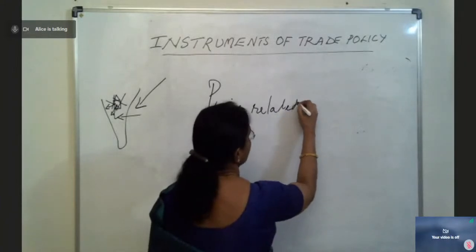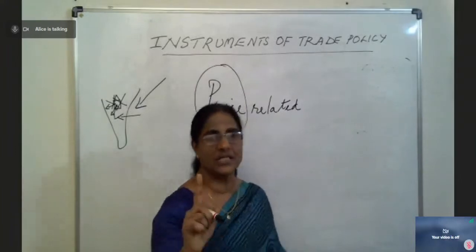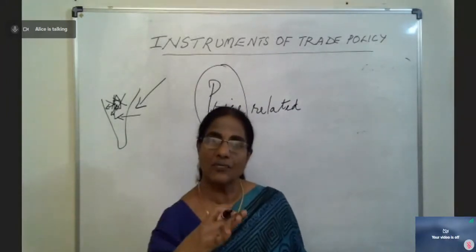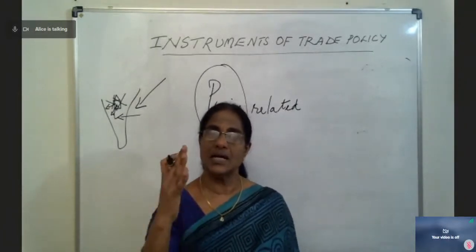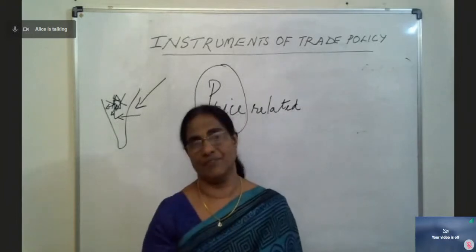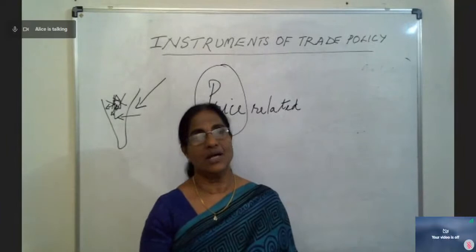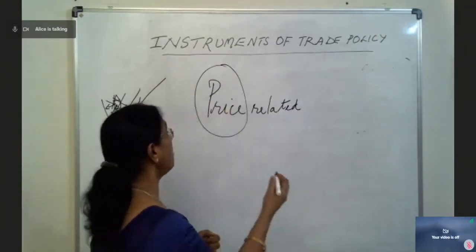What is it that it is trying to influence? It is trying to influence the price at which the imports are sold. Price of imported commodities. That is the meaning of price related measure. Okay, you remember you have done this before. Market based, price related. Okay, what should be the opposite?